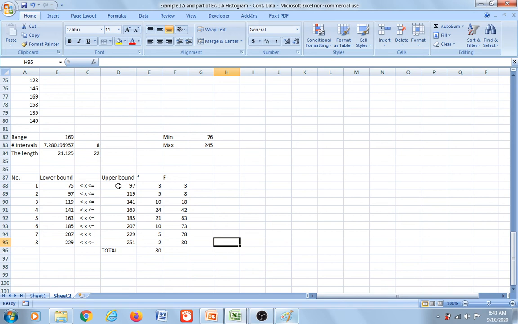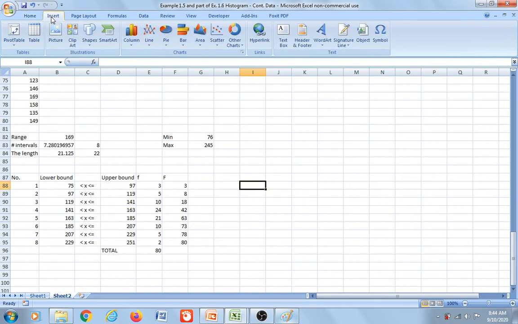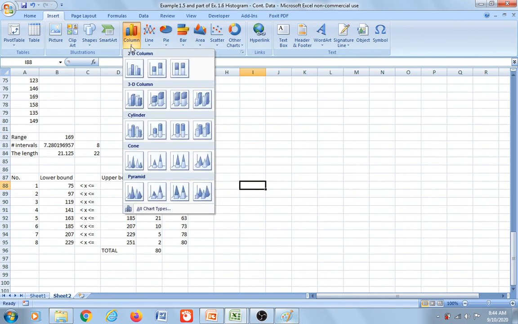I think we are almost done with constructing the histogram. So in Excel, the thing that we need to do now is to insert. So histogram is a type of column chart.